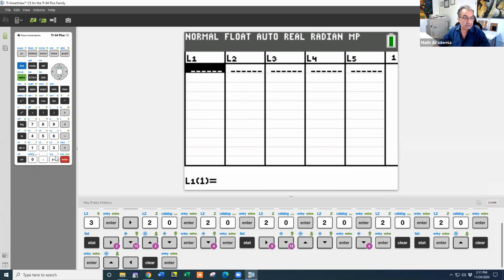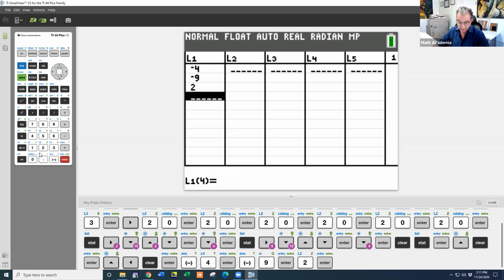So the first one is negative 4. You enter it, then we have negative 9. Then it's 2. Then it's negative 3. Then it's negative 12. So these are the differences.